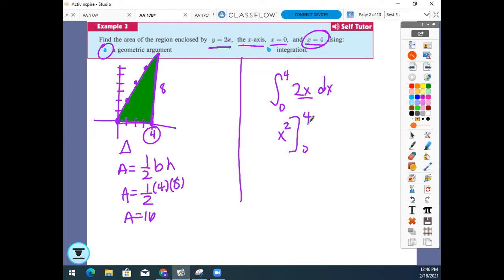From 0 to 4, plug in the 4. 4 squared is 16, minus 0 is 16. Notice we get the same answer. So sometimes they're going to want to see that you see how these tie together. If this is a straight line, that's the only time you can use area formulas, or if you have a circle.